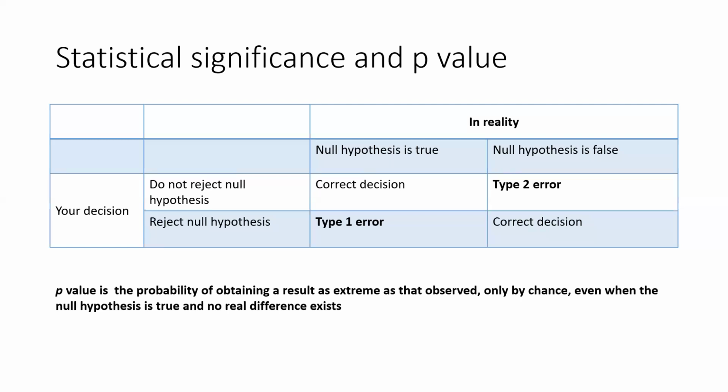Then you can also calculate the p-value, and if it is less than 0.05, the chance of an erroneous conclusion is low, so the association is significant. So to assess statistical significance we can use these two things, confidence interval and p-value.